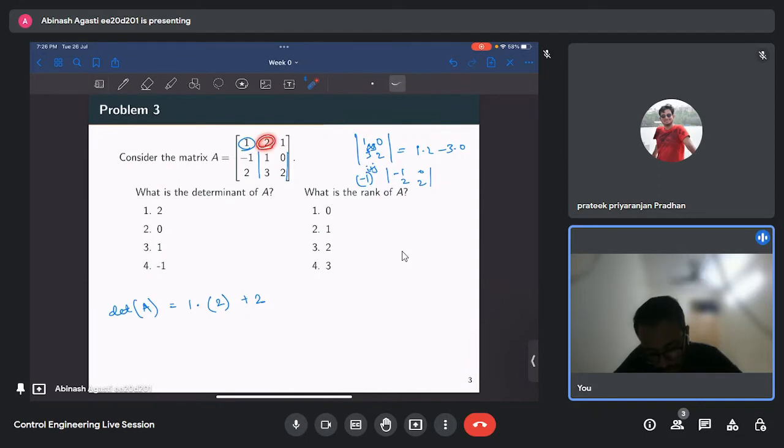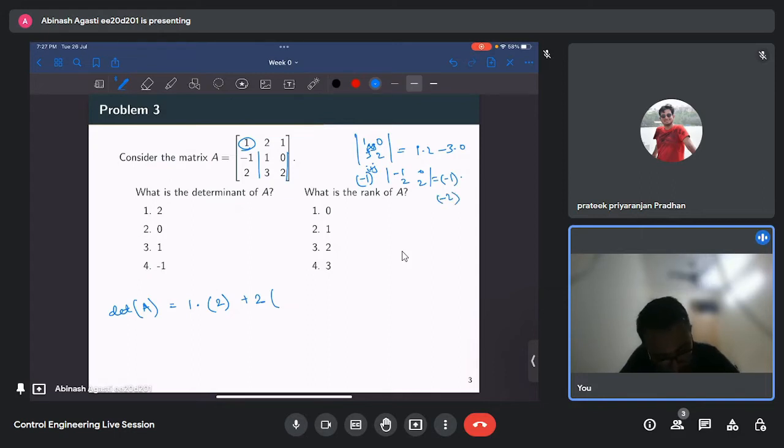But for 2, we'll have row 1 plus column 2, so minus 1 to the power 1 plus 2, that is 3. Minus 1 raised to an odd power is negative. So in every alternation, first we took 1 into its cofactor, so plus, then 2 into its cofactor will be minus 1 into the determinant of this, which is minus 2.